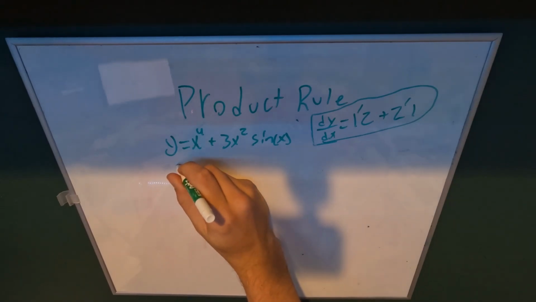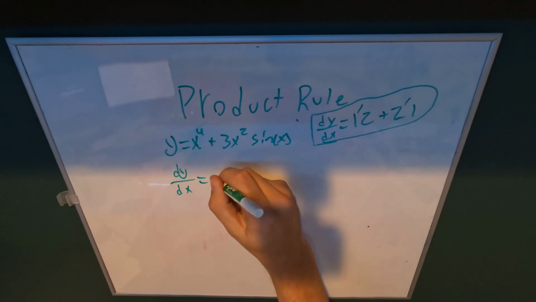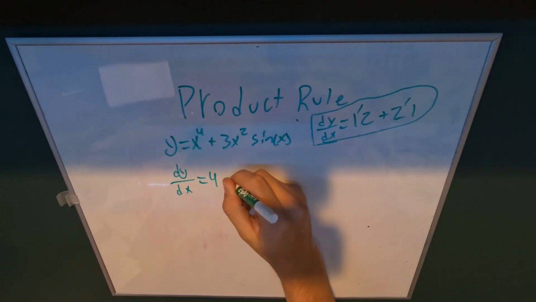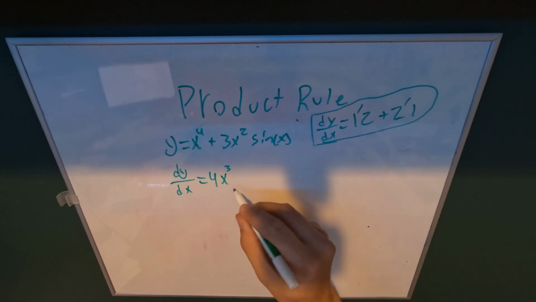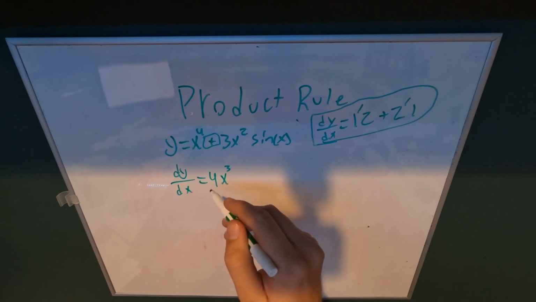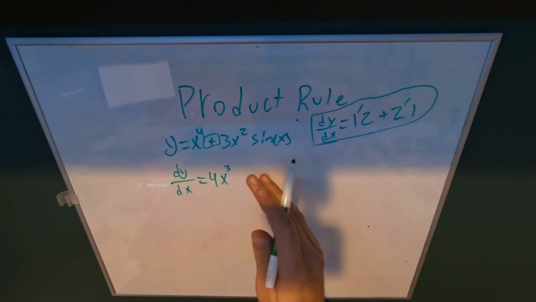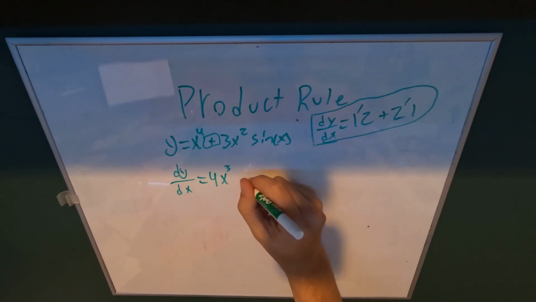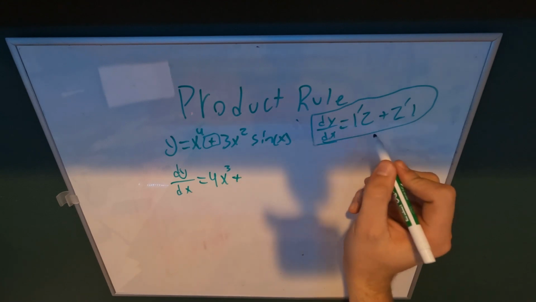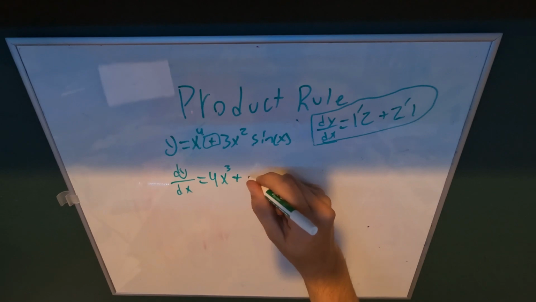Alright, so the derivative of this would be, we do the power rule here, so that's just 4x cubed, and then this addition sign means that we can move on. So we found the derivative of that, and now we can move on. So plus, now we're gonna have to do the product rule.